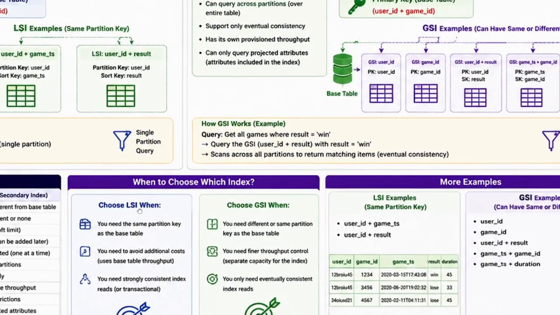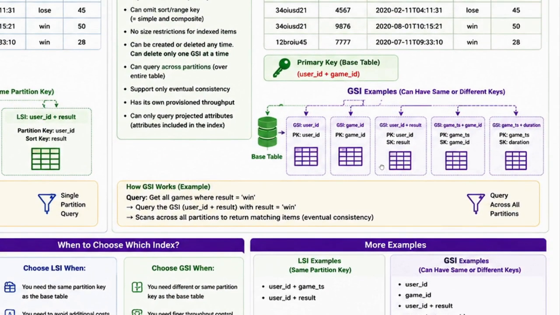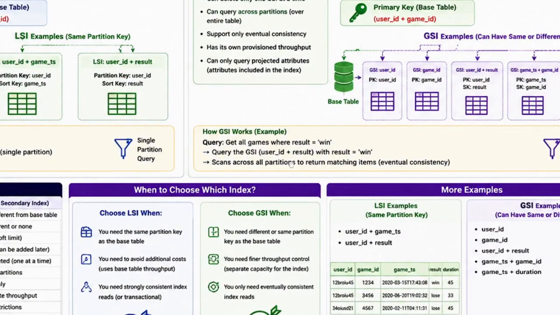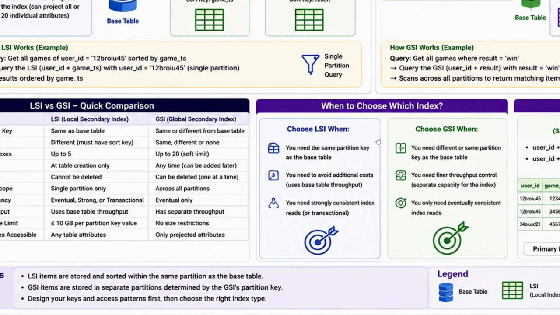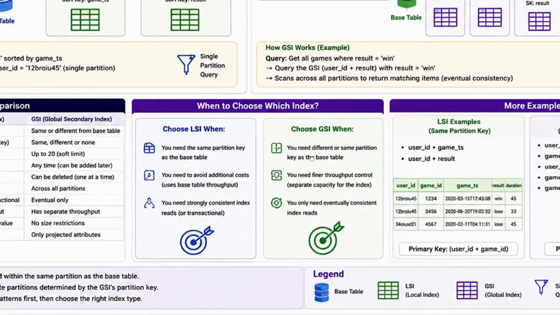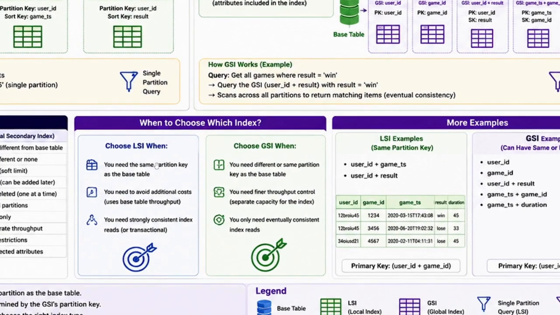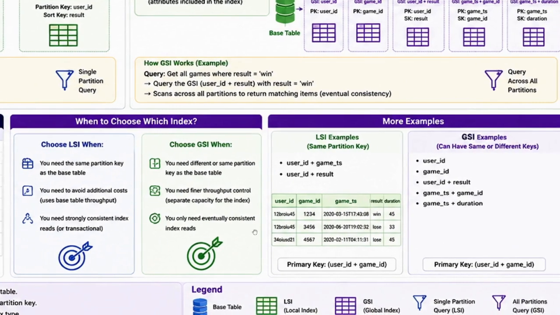So say suppose here in this case it will return user ID only, right? So only projected attributes can be part of the result basically. Choose LSI when you need the same partition key, and we understood the additional cost as well, and eventual consistency.